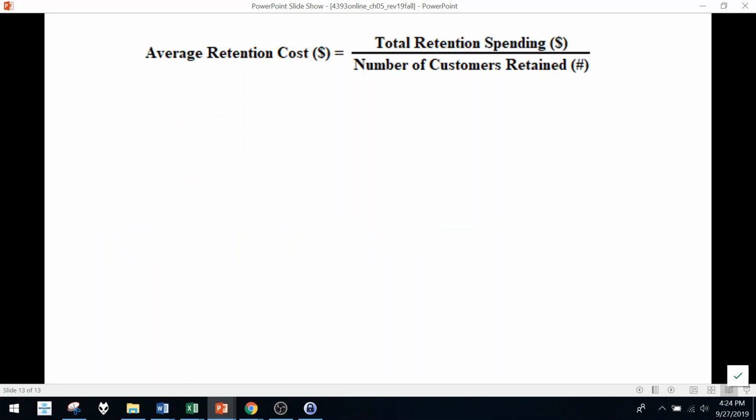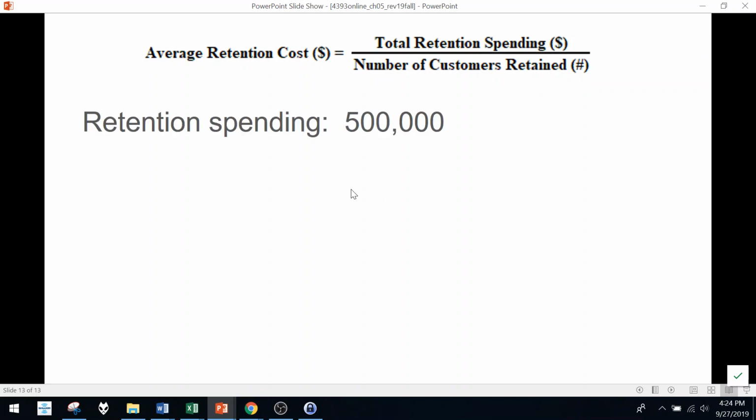Average retention costs. This is calculated the same way as average acquisition costs, but it's for keeping customers instead of acquiring new customers. So, pest control business. They spend $1.4 million on prospecting.